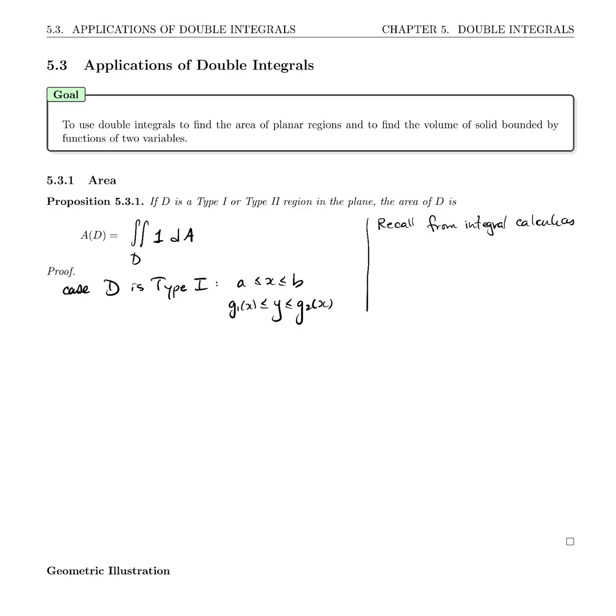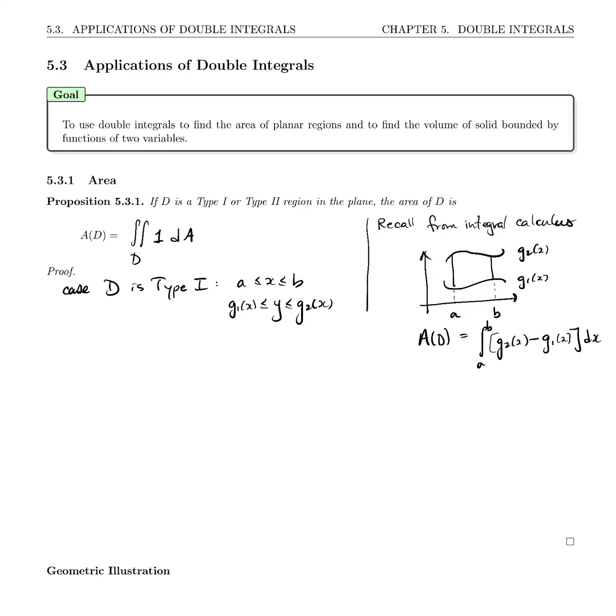If you had a region D, let's give ourselves some axes here, that was bounded above by g2 of x and below by g1 of x, from x equals a to x equals b, then the area of that region you would have calculated as the integral from a to b of the top function, g2 of x, minus the bottom function, g1 of x, dx.